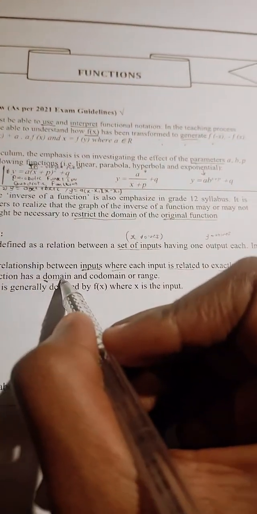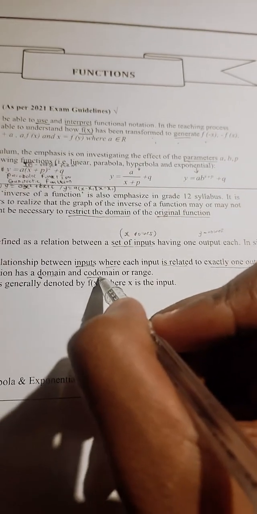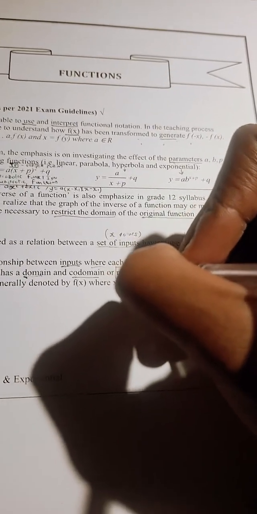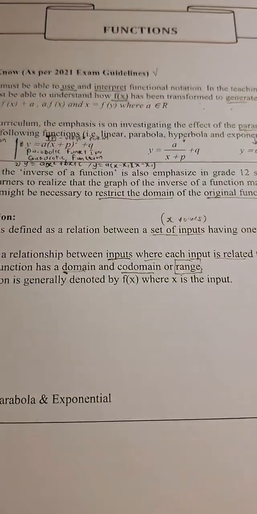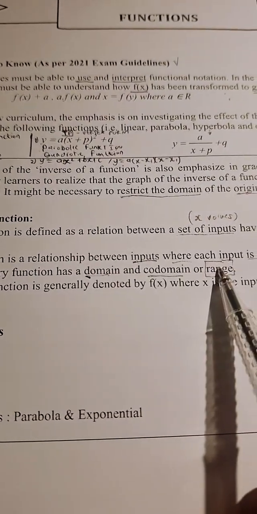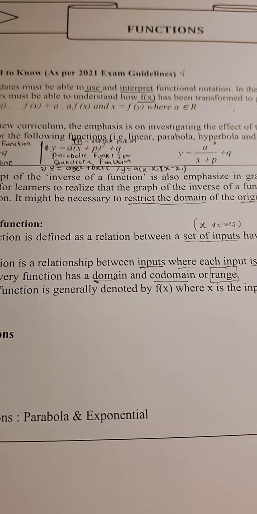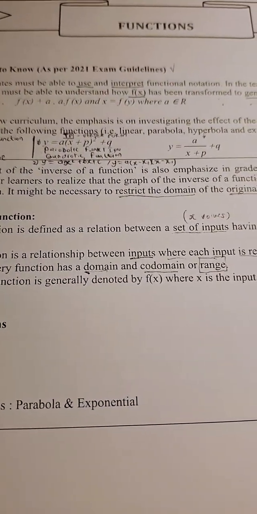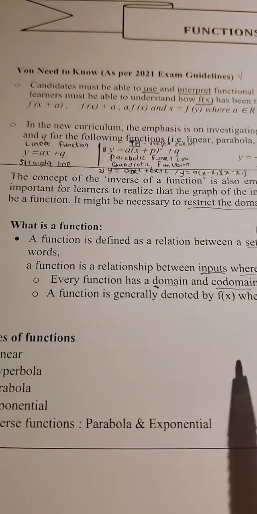Every function has what we call a domain and a codomain, but the word codomain is not a popular word that we use. We use range, all right? Because if you're talking about your functions, you're going to have an x and a y value making up points which, when connected together, basically form your function.